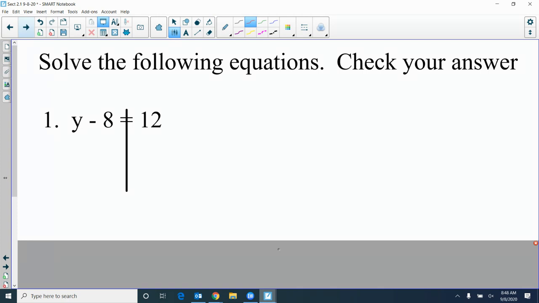You want to do the opposite because that will basically cancel it out. So if it's a -8, you put a +8 right here. Now, anything I do on the left side of that line, you got to do the exact same thing on the other side. So you put a +8 on the other side. Because I say this every year, develop good habits right now at the beginning. All right.